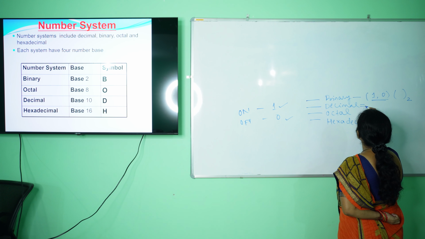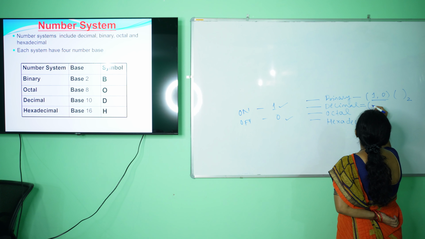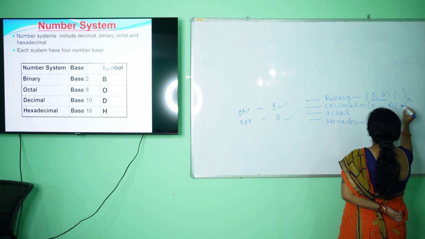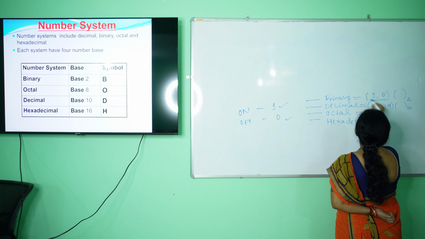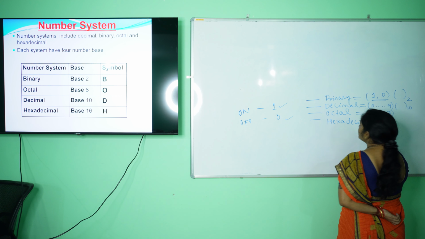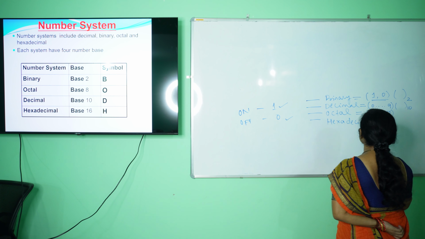Similarly, for the decimal number system, there are 10 different numbers, 0 up to 9. That's why its base is represented as 10. Similarly, in the octal number system, it is 0 to 7. If you count, 8 numbers are there. Here 0 is also included. We cannot ignore 0.